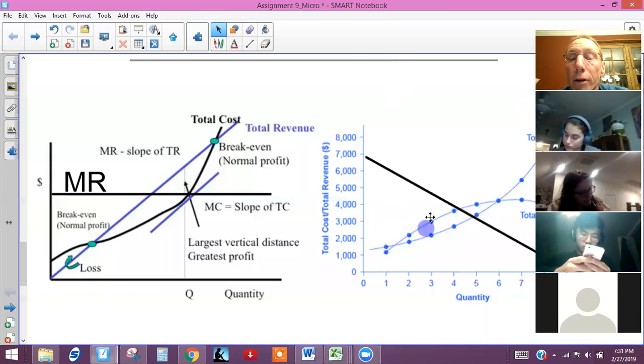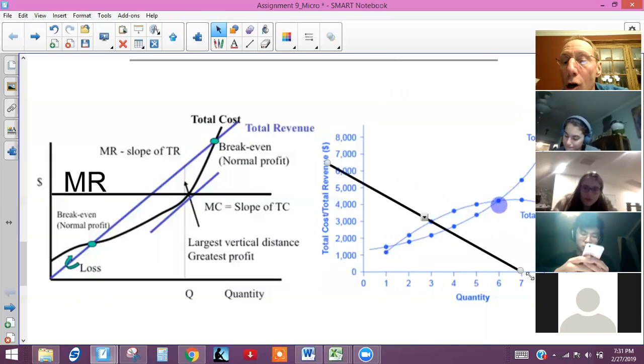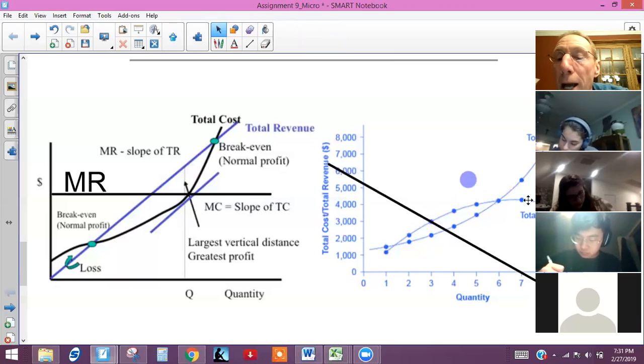It goes from here to here to here. It gets flatter, and then about right there, it goes negative, right? So the change is actually negative. The marginal revenue curve would be negative where this starts going down somewhere right in there. So this kind of total revenue curve tells us this is either a monopoly or a monopolistic competitor, because the marginal revenue curve would be downsloping if the total revenue curve looked like a parabola.